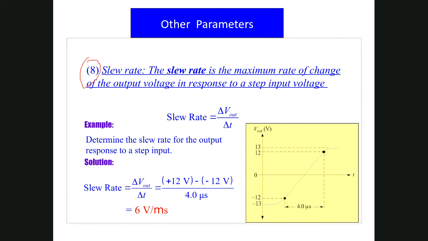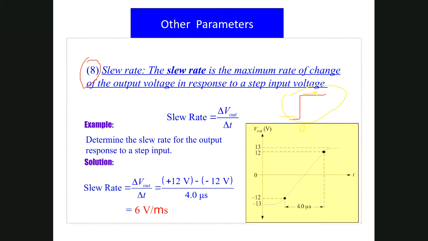Now, reading this, the slew rate is the maximum rate of change of the voltage signal in response to a step input voltage. Now you know how a step signal looks. In signals and systems, most of the time you have read a step signal, and it looks like this. At time t equal to 0, on the left side its value is 0, but on the right side its value is 1.